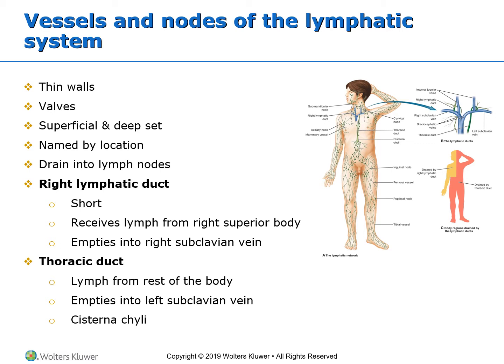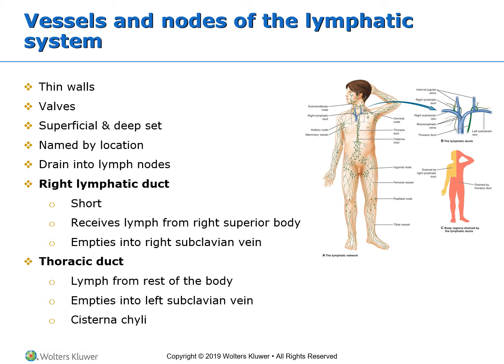Most of the lymphatic vessels will carry lymph away from the regional nodes into more central areas, and eventually will drain into one of the two terminal vessels. The terminal vessels are the right lymphatic duct and the thoracic duct.